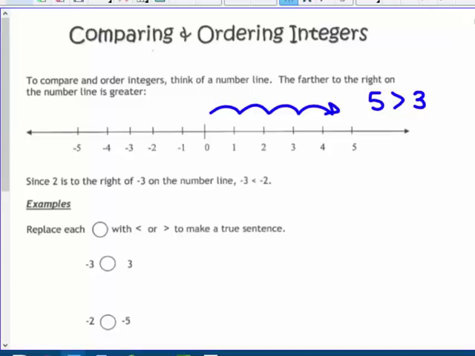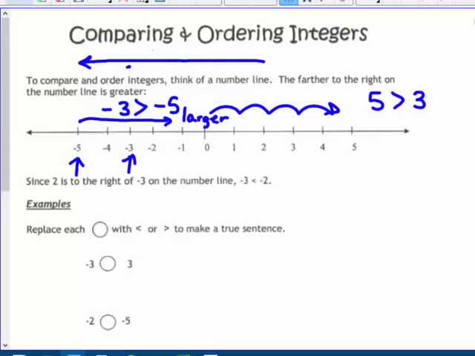Well, that's also true with the negatives. Negative 3 is greater than negative 5 because negative 3 is right of negative 5. So that's still true. As you go to the right, things keep getting larger or bigger. As you go to the left, things get smaller.